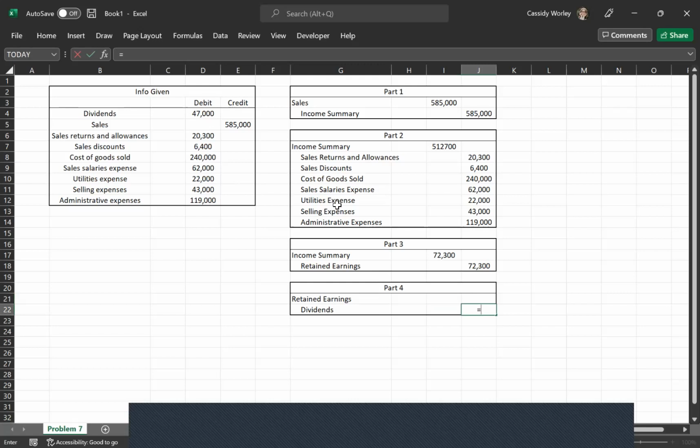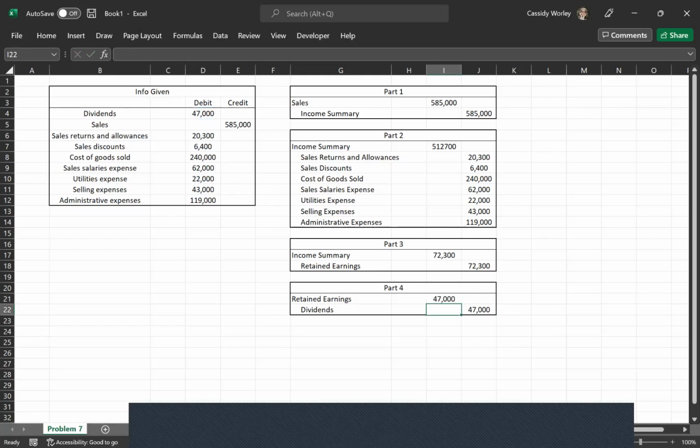So we will have it be 47,000 for the dividend, and then we debit 47,000 into the retained earnings, because to solve the retained earnings, you subtract the dividends from the retained earnings and the income. And so that's represented by a debit to the retained earnings.